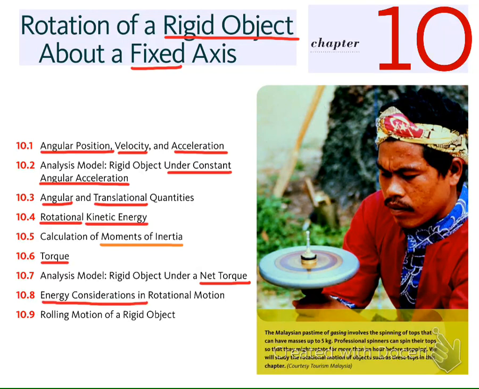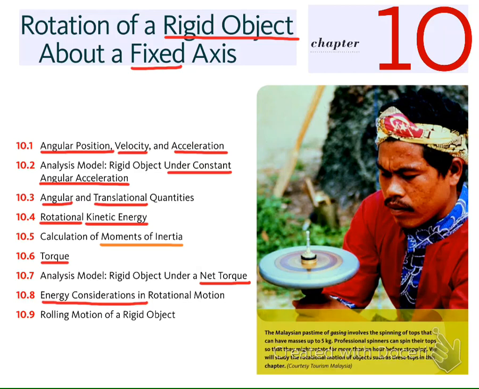And for the last section we will talk about the rolling motion of a rigid object. We introduce a little bit of complexity to the system by allowing the axis of the rotation to move on a straight line.